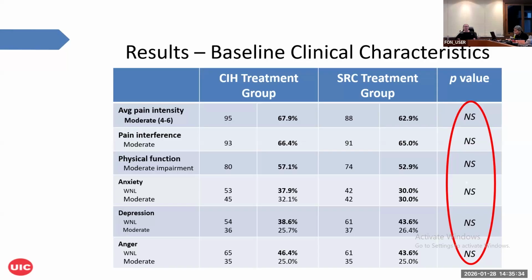Depression, again, you see within normal limits was about 40%, and then moderate depression was about 25%. Anger within normal limits was about 45%, and then moderate was about 25%. And again, this is part of our normal assessment process when people come into the clinic, because what we're looking at is the whole complex picture of pain.